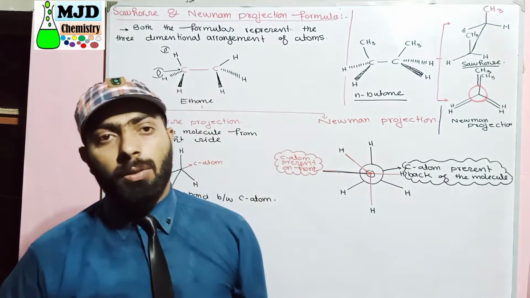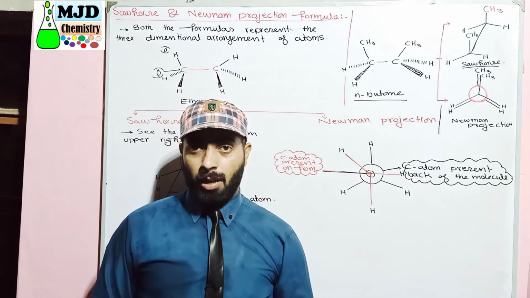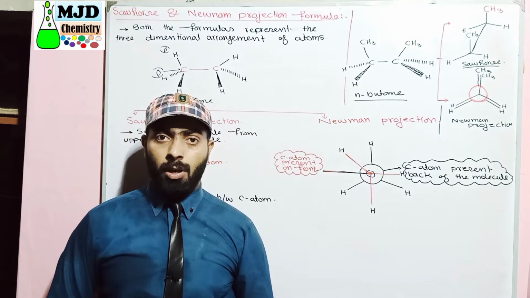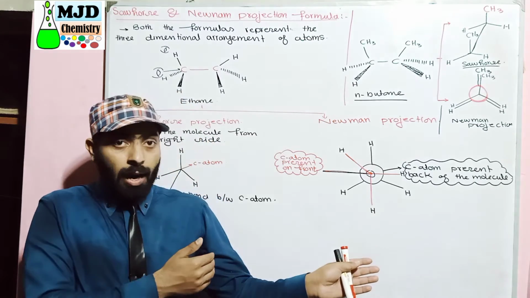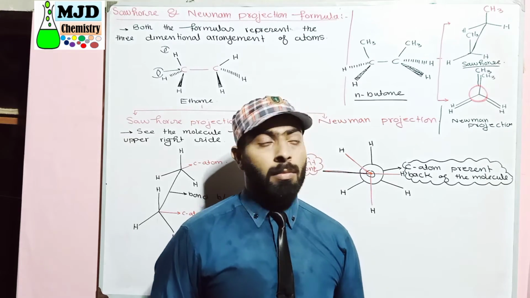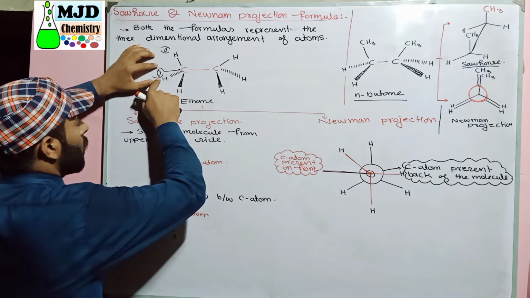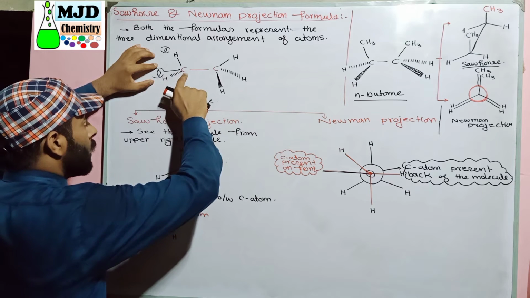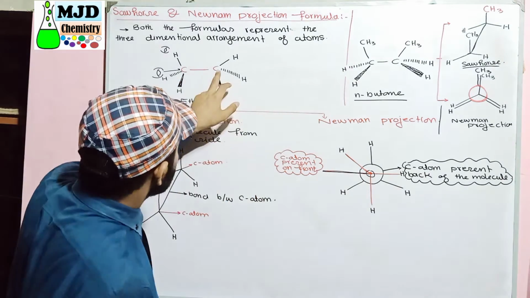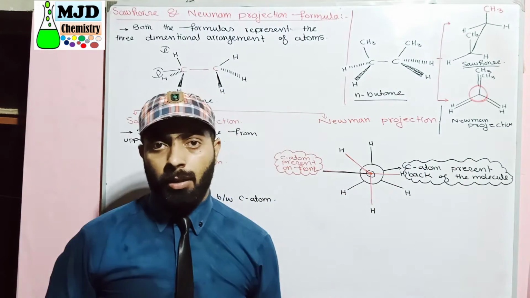When we talk about Newman projection formula, the one thing we should keep in mind is that in writing the Newman projection formula, we observe the molecule from behind or in front of the carbon atom. Here, suppose we observe the molecule from here. Then I see that this carbon atom eclipses that carbon atom. We cannot see that carbon atom because this carbon atom is present in front of me.